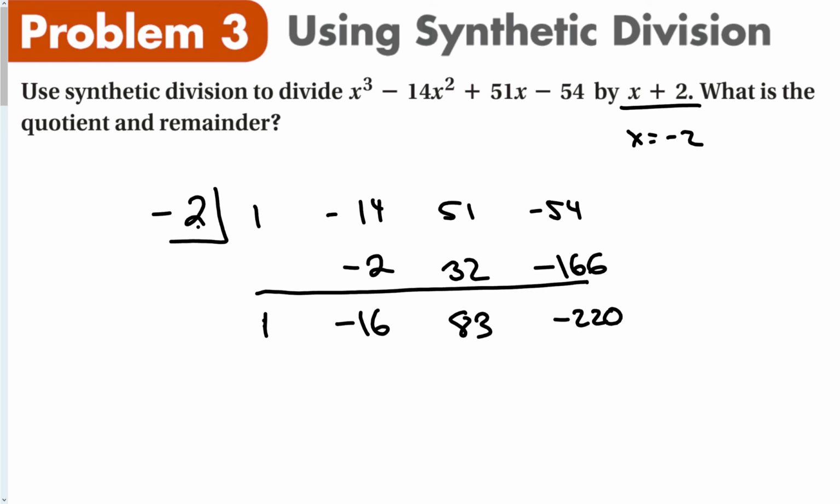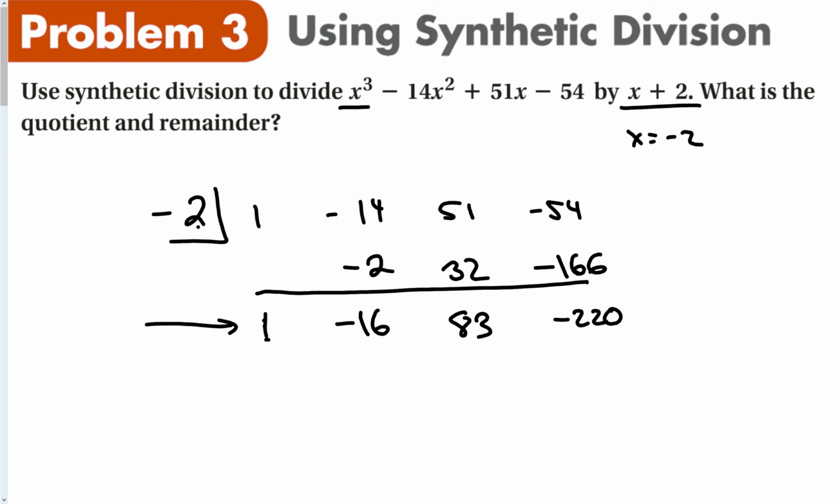So the way this works is you are dividing by a linear expression. You're dividing by x plus 2. This line is your answer. These are the coefficients, and the degree of your answer will always be one less, because this technique only works with a linear divisor.